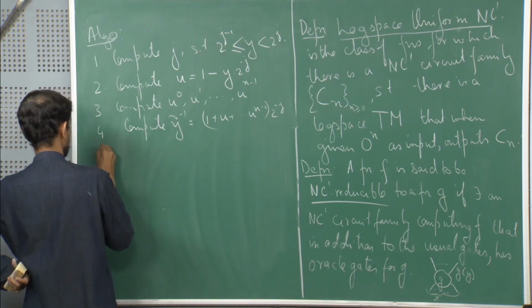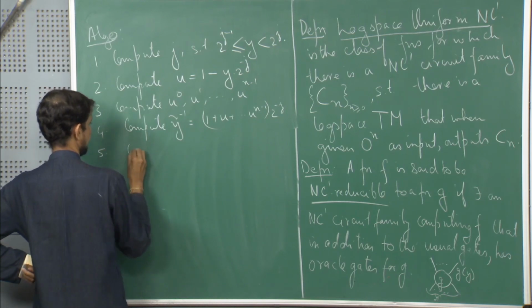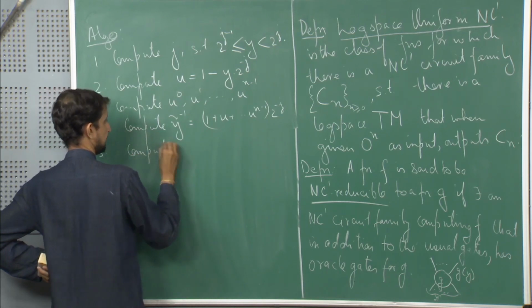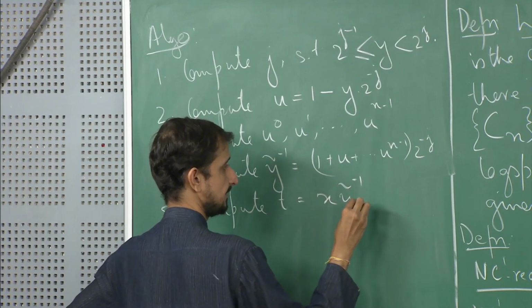We have seen iterated addition also in NC1. Okay. Then compute t, which is equal to x into this quantity.